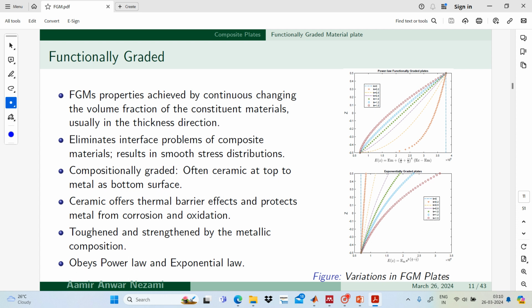Therefore these ceramics and metals are used to make the functionally graded plates, and the gradation is done with one rule, the power law, another is the exponential gradation, and one is also the sigmoid law. So these are the general laws used to vary the properties of the material throughout the thickness.